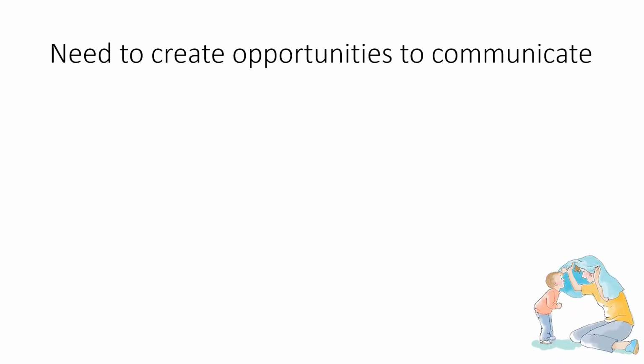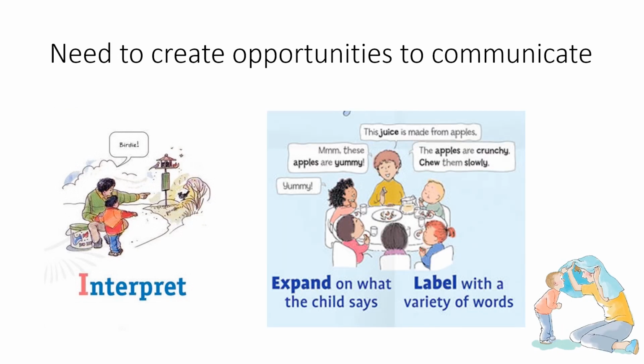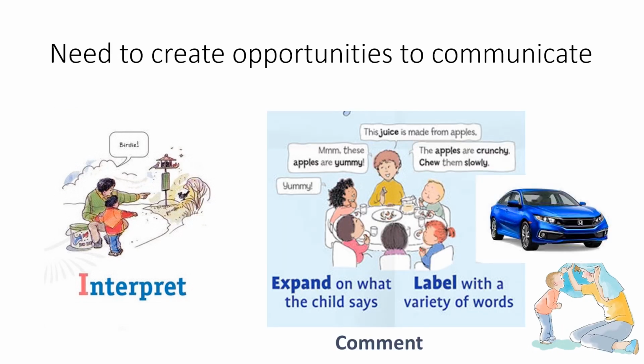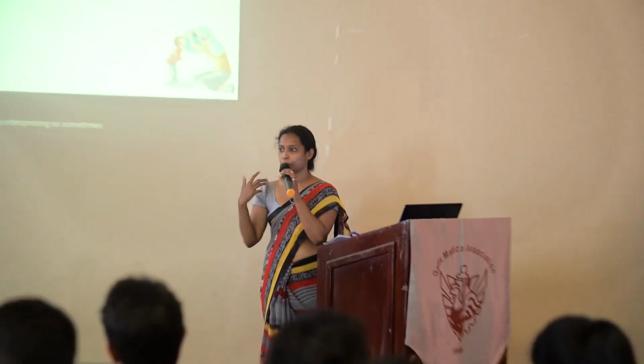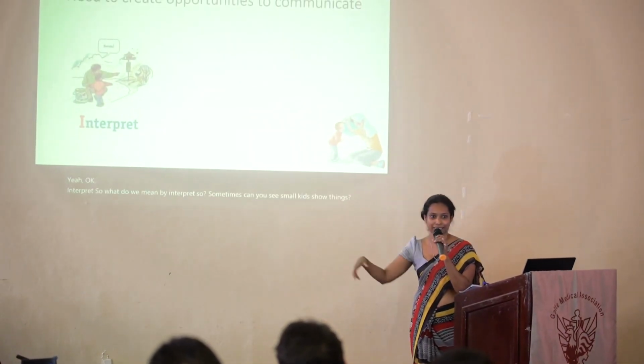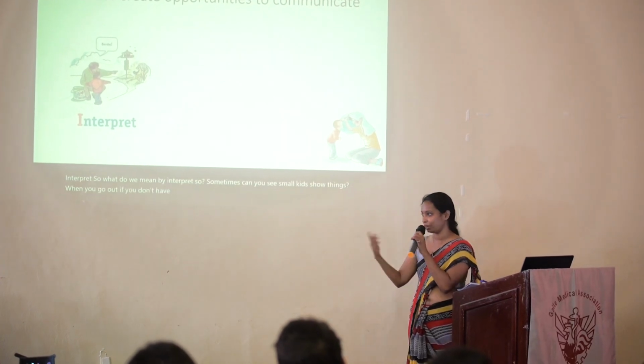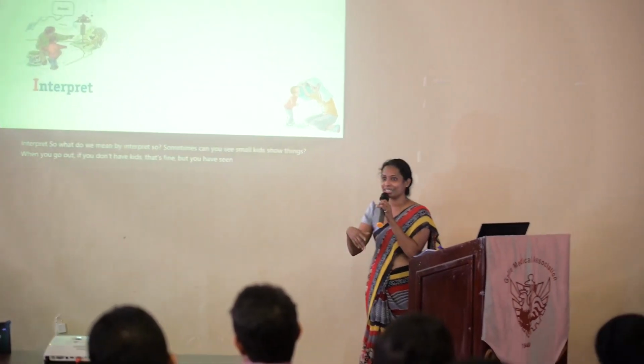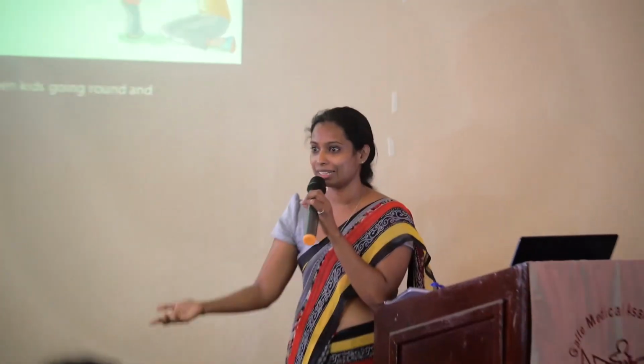Right. So, interpret. What do we mean by interpret? Sometimes, can you see small kids show things when you go out? If you don't have kids, that's fine, but you have seen kids going around showing stuff to parents and adults and everyone.